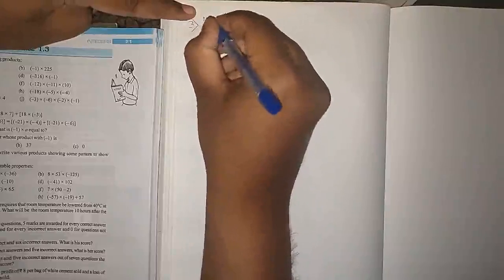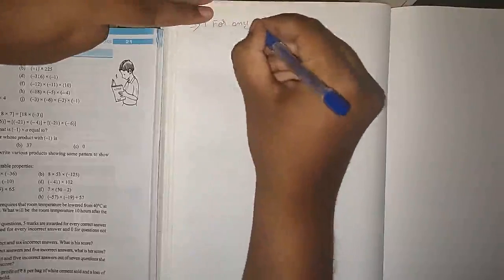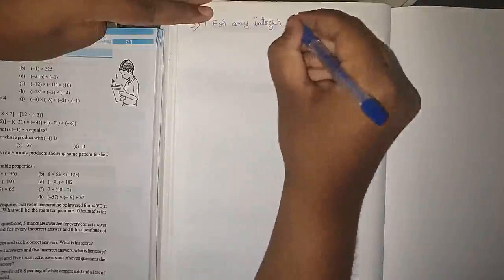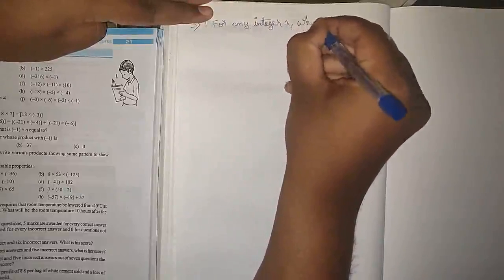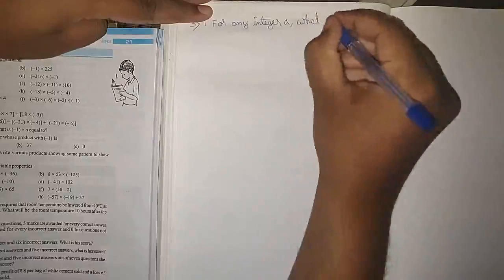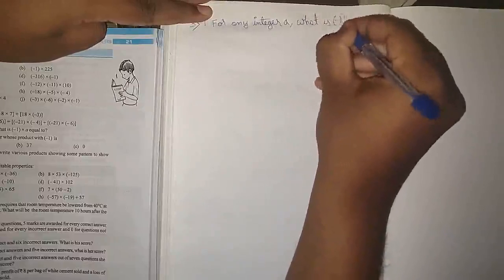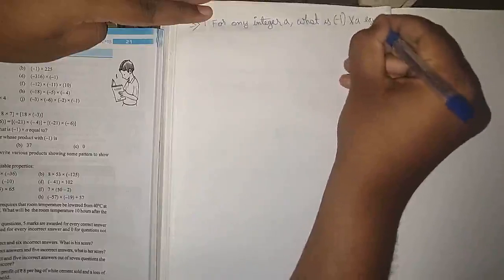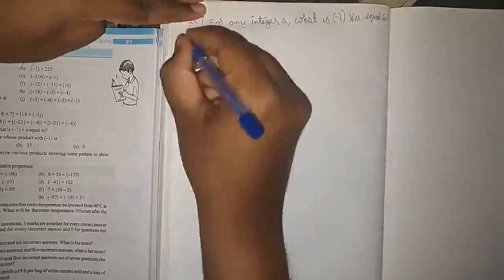First part is for any integer. Copy down the question. Solve along with me only, okay? Then only you will understand. Any integer a, for any integer a, what is minus 1 into a equal to? This is your question.